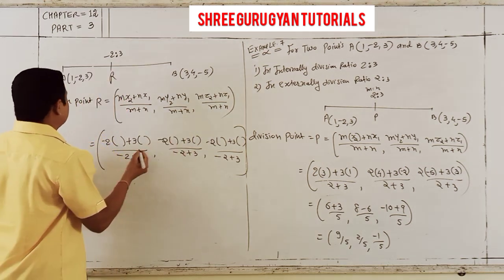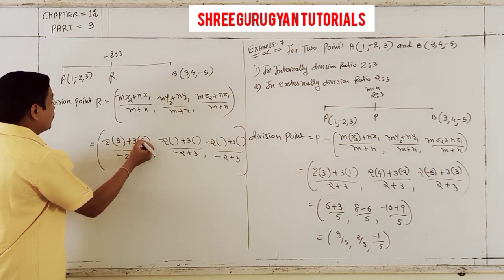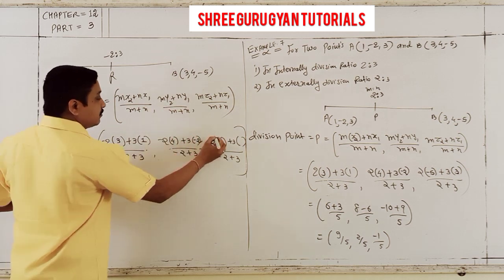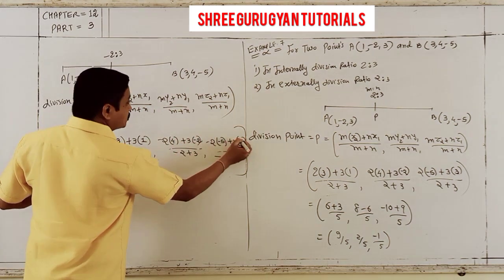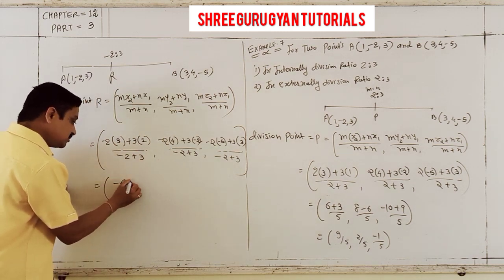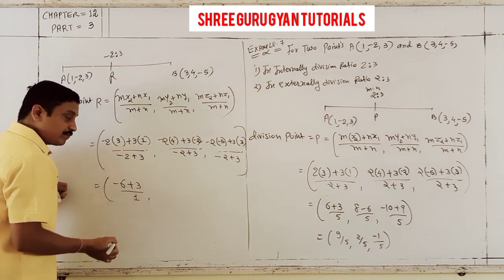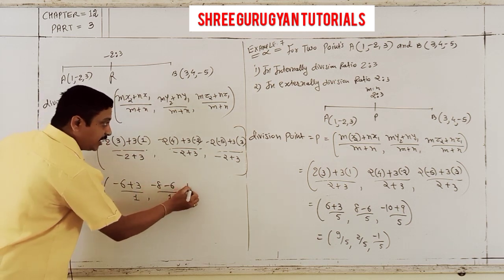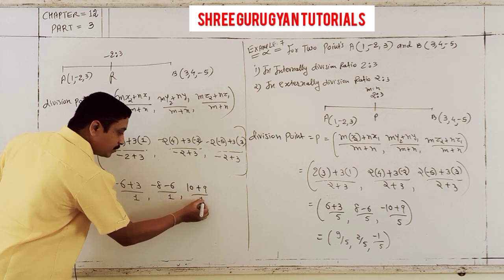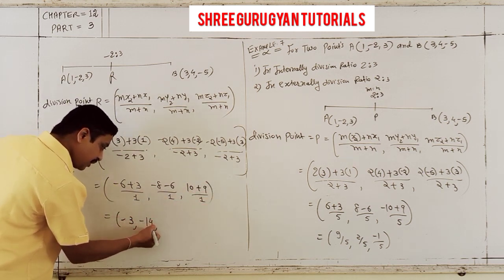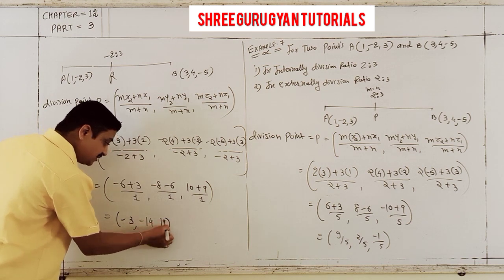So I put 3, 1, 4, minus 2, and third minus 5, 3. So my answer is total 6 minus 3 by 1, minus 8 minus 6 by 1, and here 10 plus 9 by 1. So overall your answer is minus 3, minus 14, and 19.